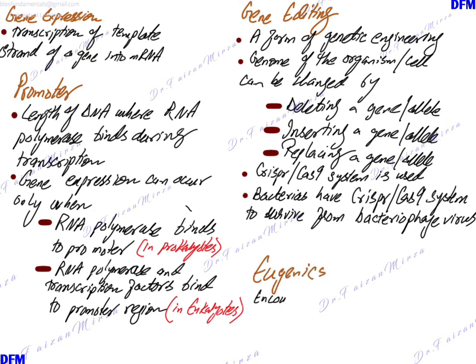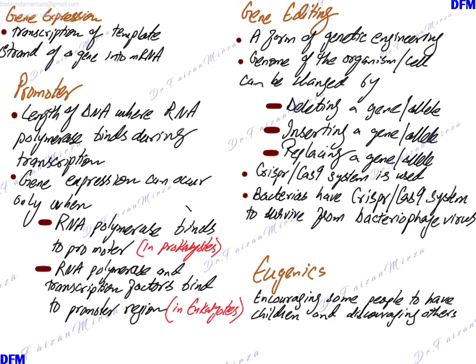There's a small concept of eugenics that you just need to recall. Eugenics is encouraging some people to have children and discouraging others from having children, because we are aiming to get a much improved human population. For example, individuals having Huntington's can be asked not to have children because they may pass on the Huntington allele to the next generation, and even a single dominant allele of Huntington can cause Huntington disease.